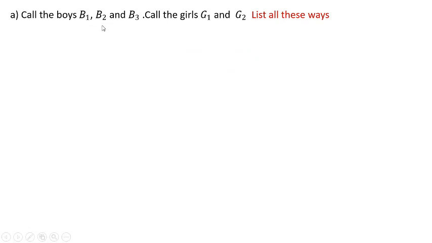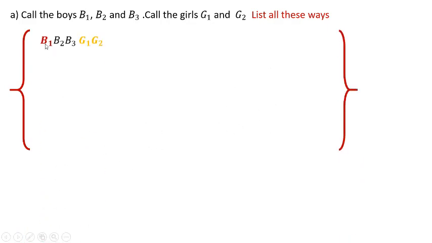Call the boys B1, B2, B3 and the girls G1 and G2. Start by listing all the options. Assuming B1 in the first seat, then B2 and B3 can be arranged by 2 different ways. Don't forget the girls are together. Now assuming B1 is seated on the second seat, then permute again.